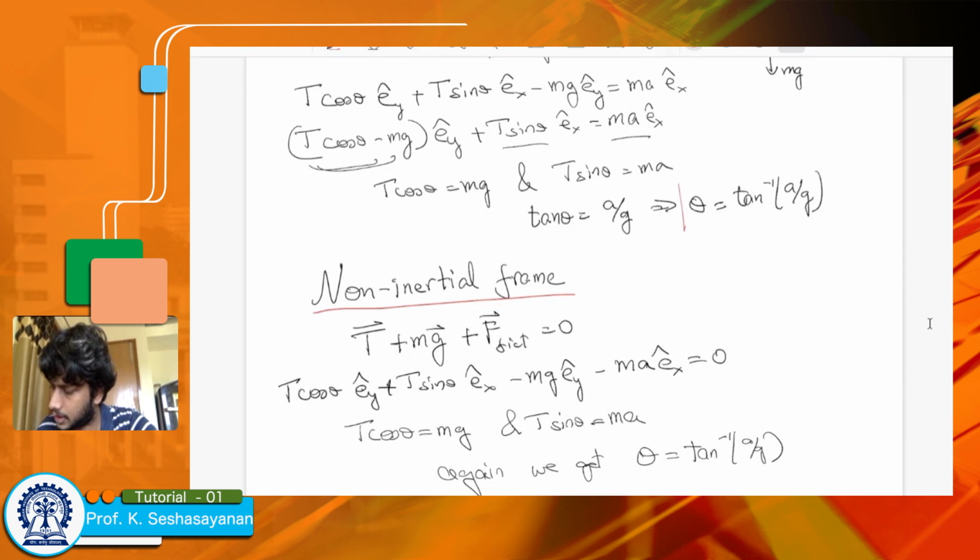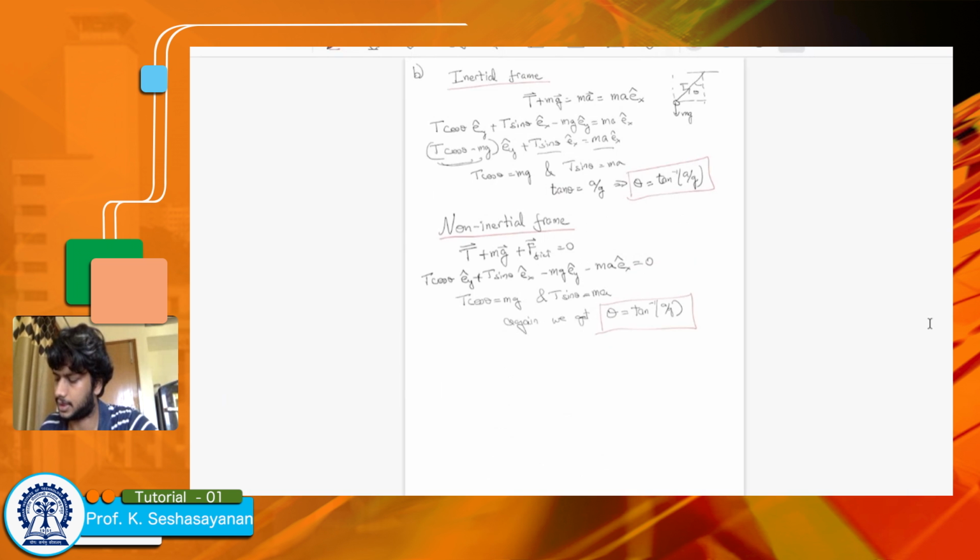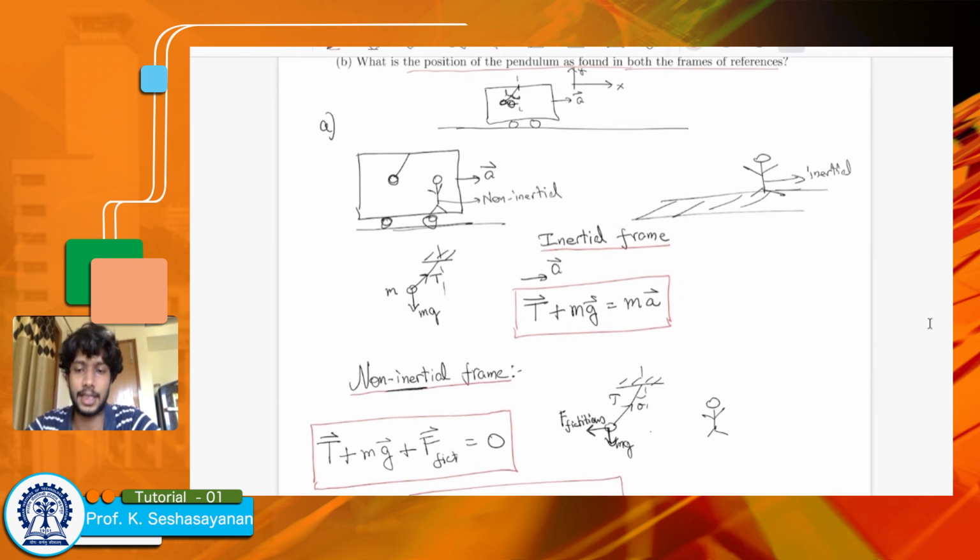So as we can see, both the frames of reference give the same angle, just that the force balance in these two frames of reference is different. The non-inertial observer would have to add a fictitious force in order to take into account that the mass is stationary, but the frame of reference is accelerating.